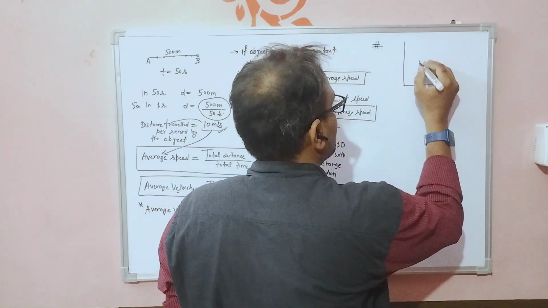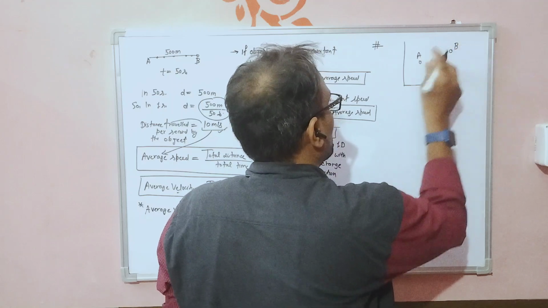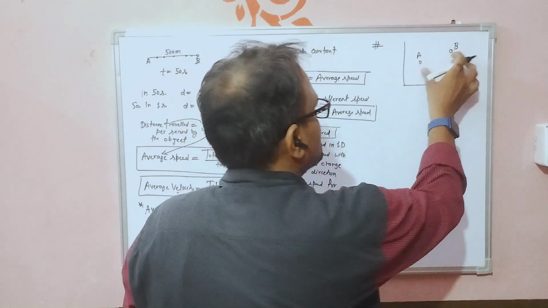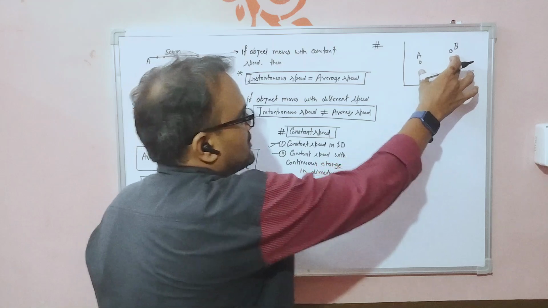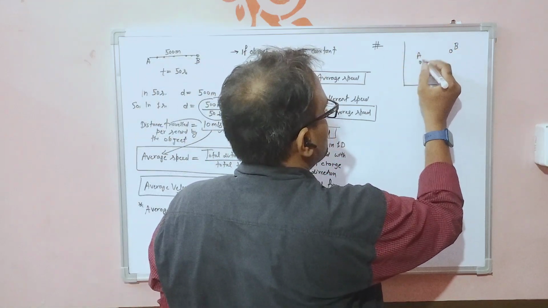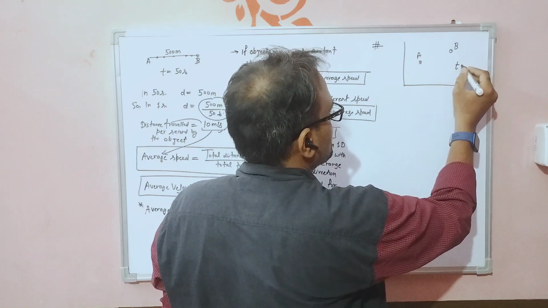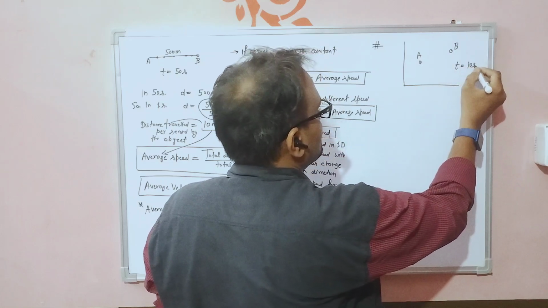Suppose this is point A and this is point B, right? This is the initial position and this is the final position. Similarly, I can say the object moves from A to B, and the time taken by the object, let's suppose, is 10 seconds.